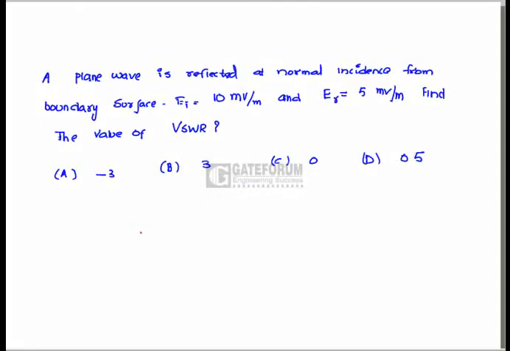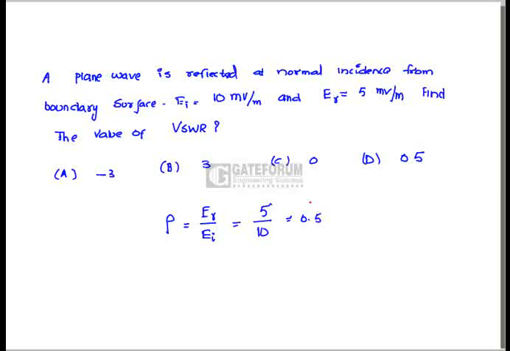Here we have to find out VSWR, which means voltage standing wave ratio. In order to find the voltage standing wave ratio, we need to know the reflection coefficient. In the above problem, we have the incident electric field strength as well as the reflected electric field strength. So the reflection coefficient is given as ER by EI, which is 5 by 10 equals 0.5.